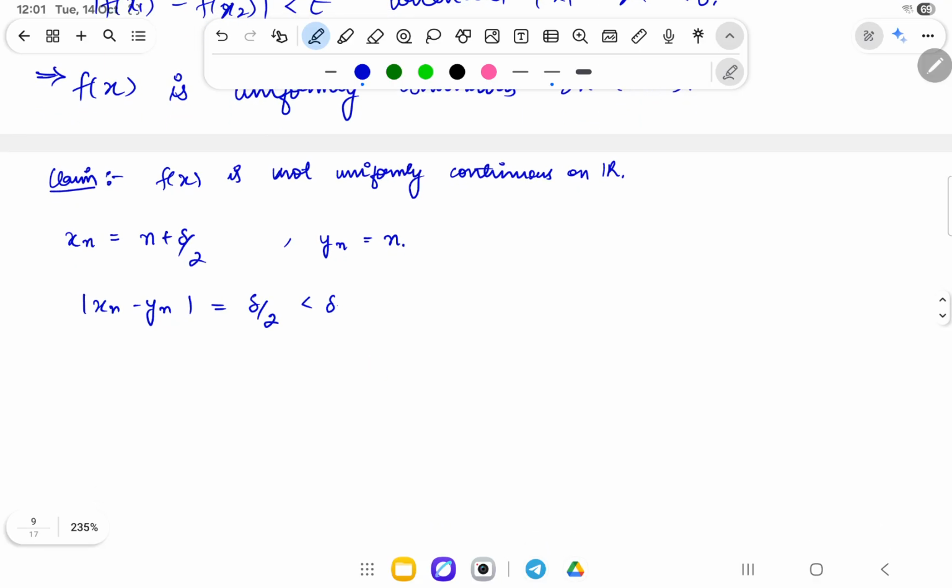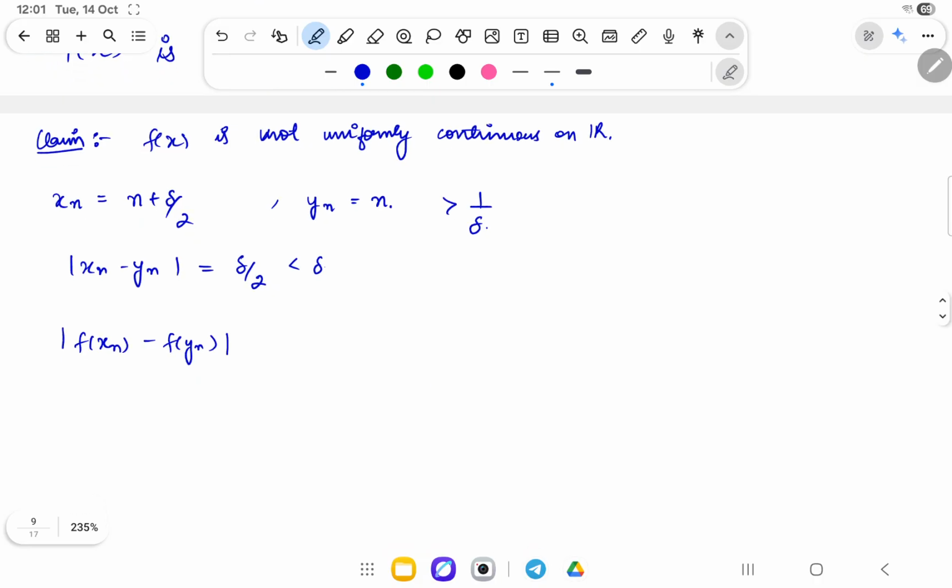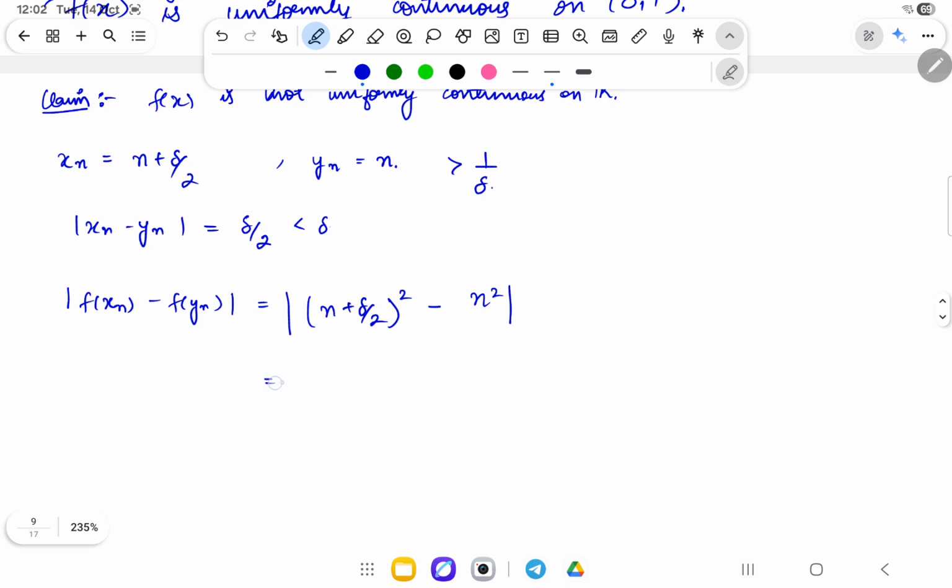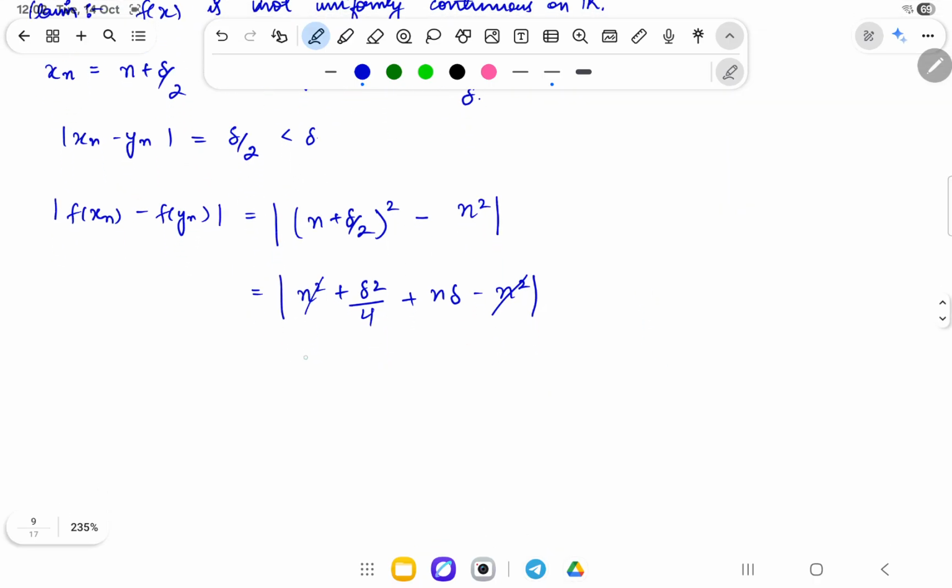Now if I take |f(xn) - f(yn)|, and here also observe that we are choosing our n such that it is greater than 1 by delta, because then only we'll be able to show this. So this is equal to f(xn), which is (n + delta/2) square, minus f(yn), which is n square. So this gives us n square plus delta square by 4 plus n delta minus n square. The n square cancels, so we got delta square by 4 plus n delta.